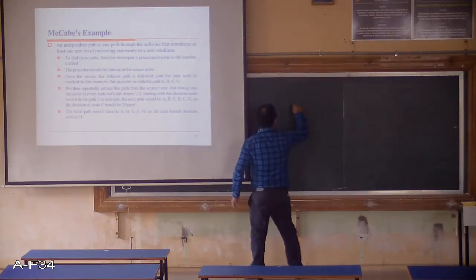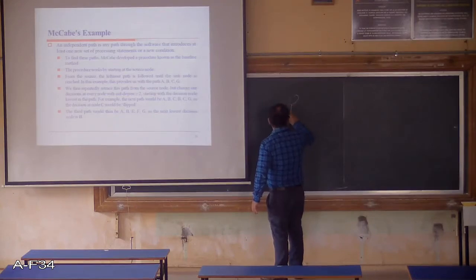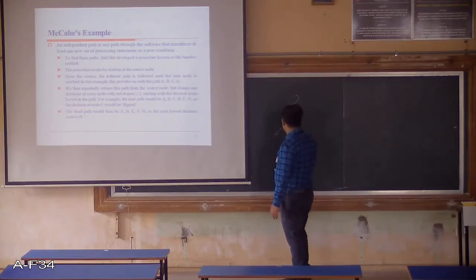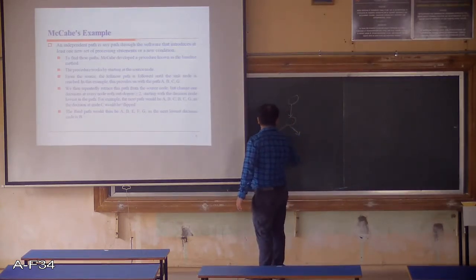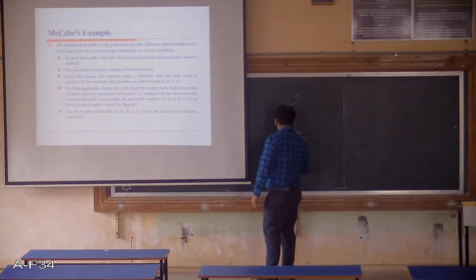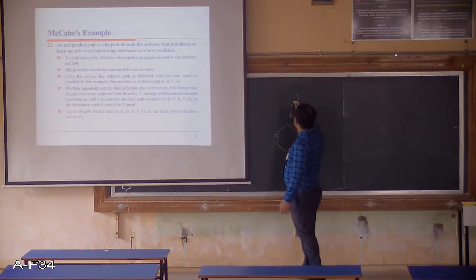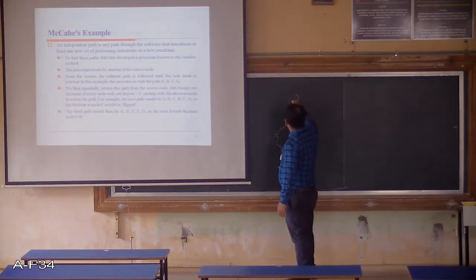So when we have a node here and two different paths over which it is being calculated, and suppose it merges into one here, and suppose this is the sink. Suppose this is 1, this is 2, this is 3, this is 4, 5, 6.